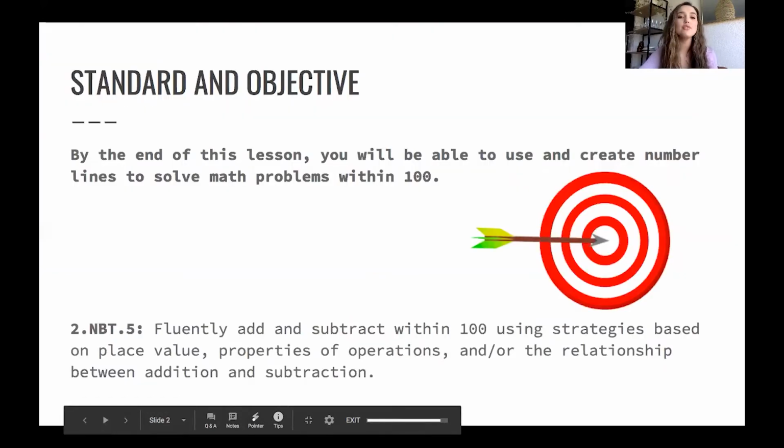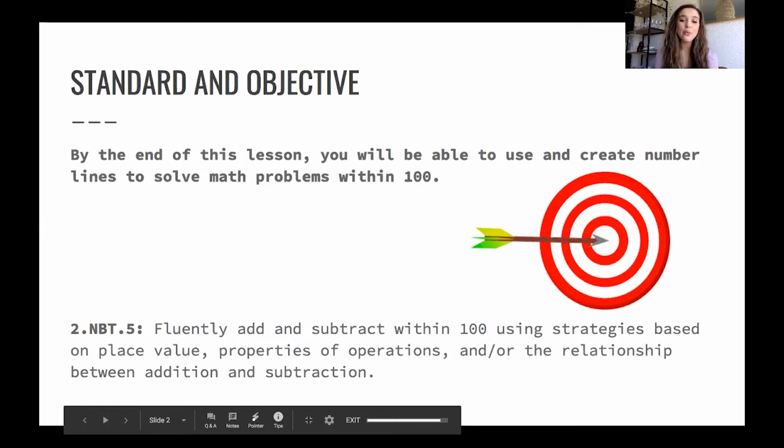All right, so our objective today is exactly what I just said. By the end of this lesson, you will be able to use and create number lines to solve math problems within 100. And maybe you'll be able to create them and solve even higher than 100, but 100 is our goal for the day.